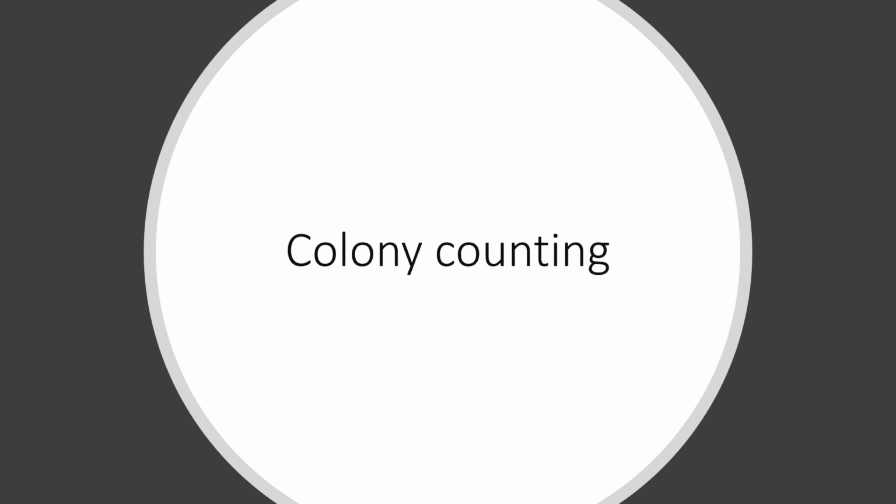So we move on to colony counting. This is a quite frequent application where we have some dish or plate that we use to grow microbial colonies, and then we want to count the colonies.